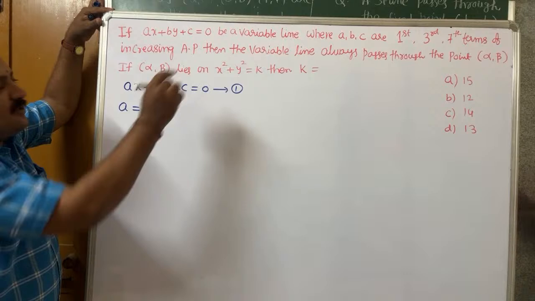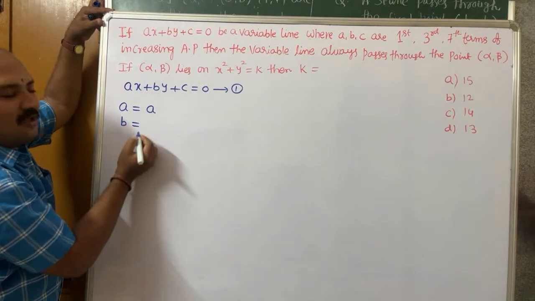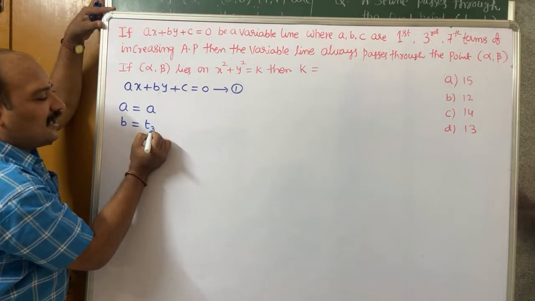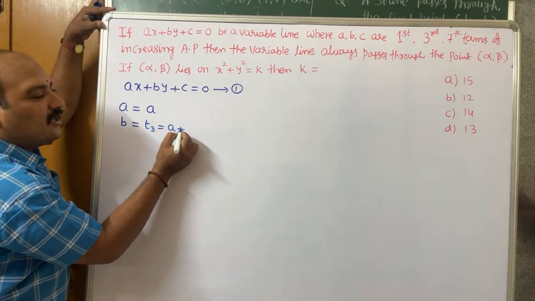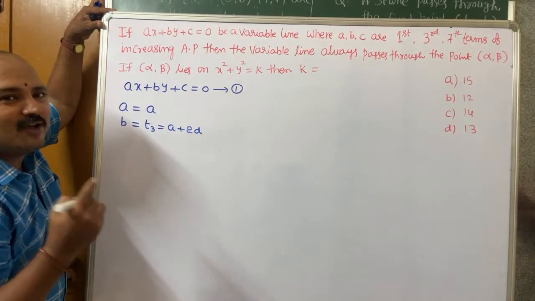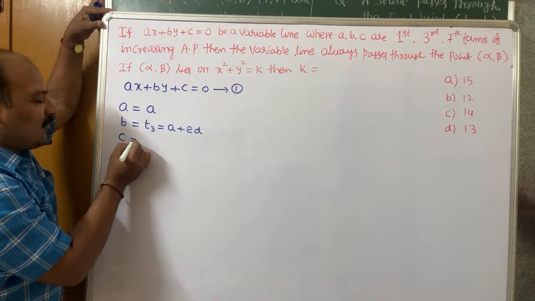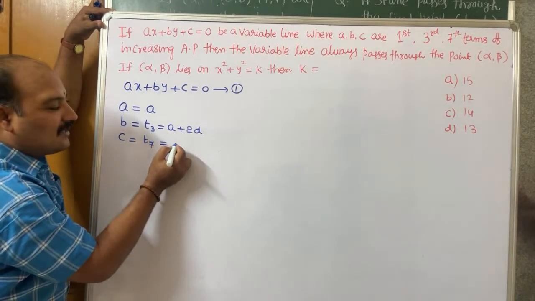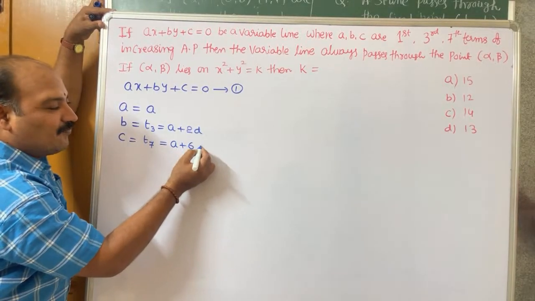Third term is b. Third term of AP means T3, we can write it as a plus (3 minus 1) into d, so a plus 2d. Are you getting it, all of you? Next, c is equal to the seventh term, T7. That means a plus (7 minus 1), 6d.